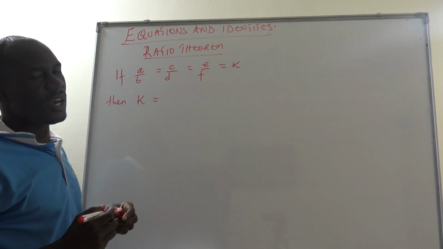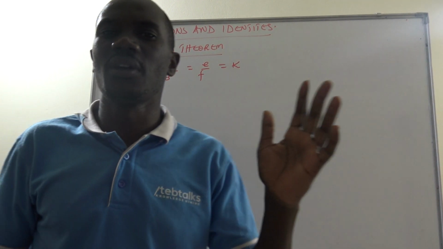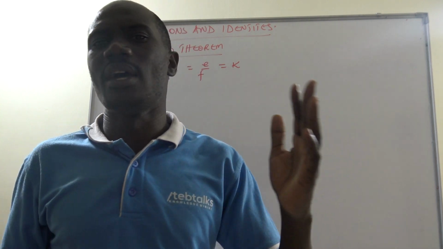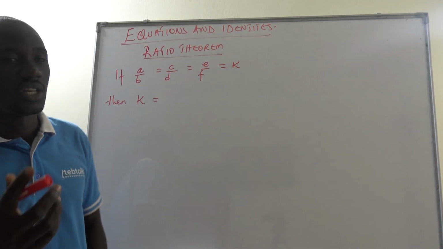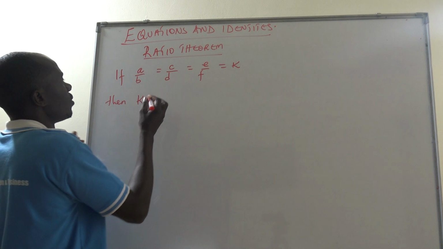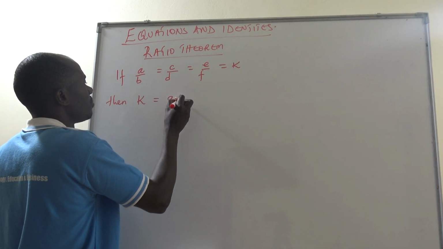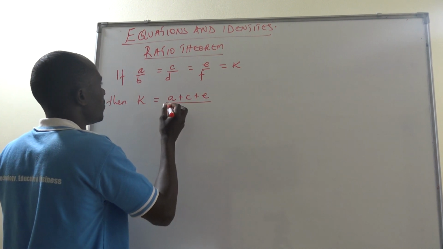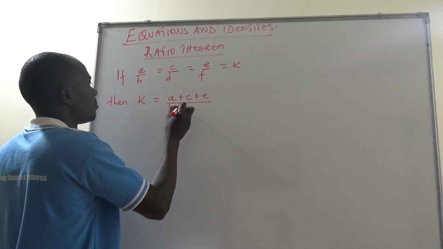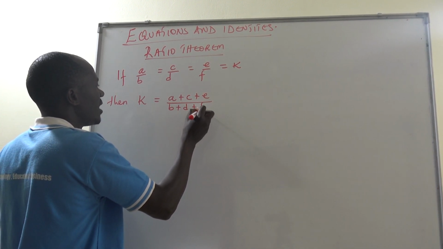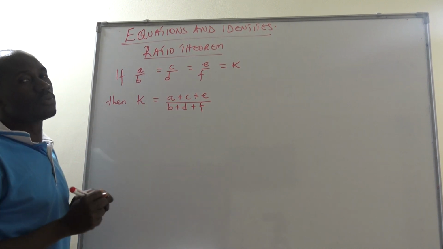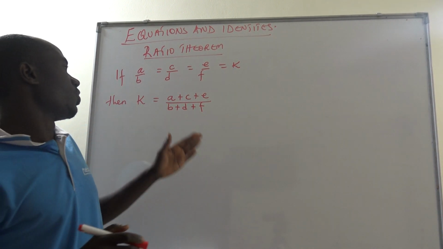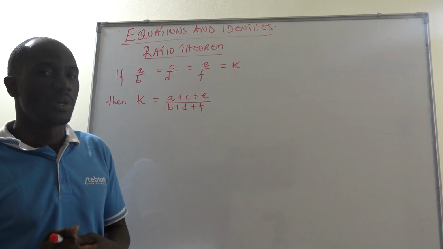What you do here, you add the numerators together, and again the denominators together. So what happens is going to be A plus C plus E all over B plus D plus F. So that one is going to be our Russell theorem. That's how we do that one.